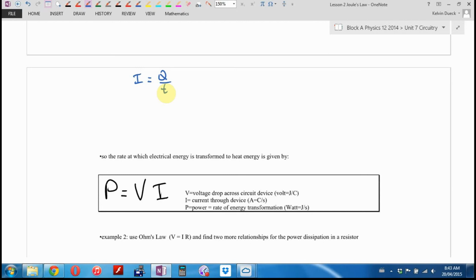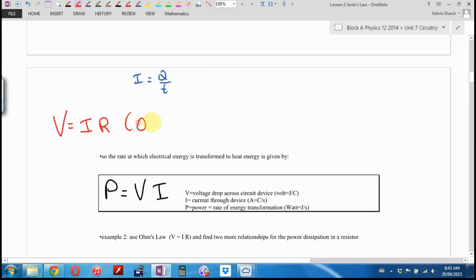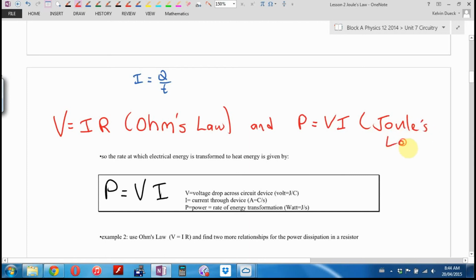But the ones we're going to be using, I'm going to put them in red because they're so important, are this one, what we called Ohm's law, and this one, Joule's law.